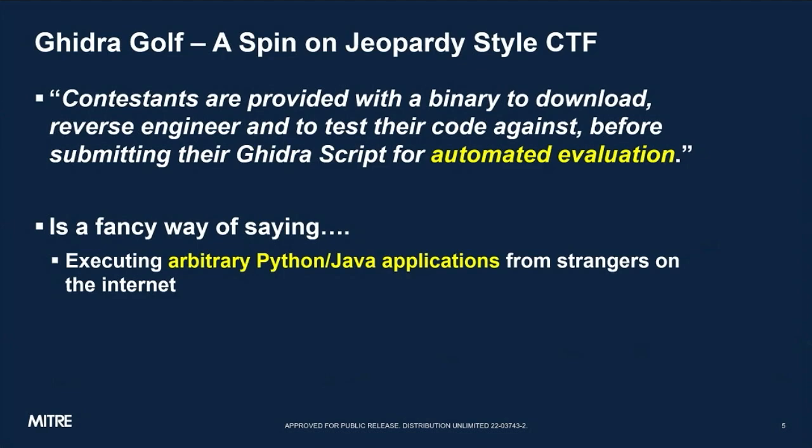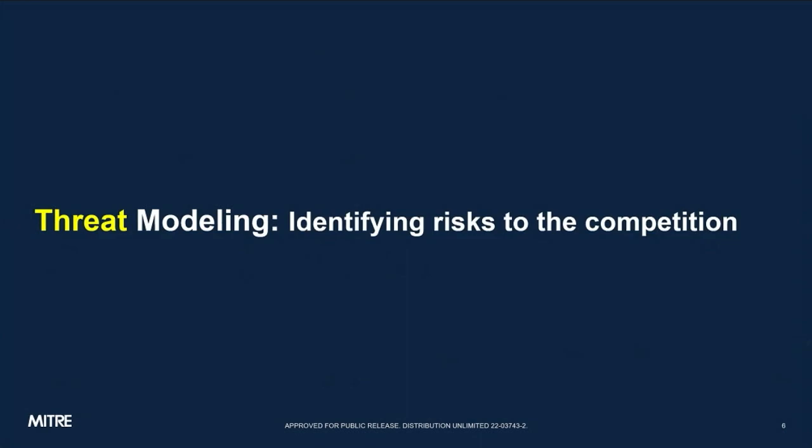Yikes, right? Maybe everyone in an InfoSec role just goes, that sounds terrifying. How are you going to ensure that you don't have excessive code execution or malicious functionality happen? Well, with that, I'm going to let Dan take over about how we started with our threat modeling process to identify some of those risks.